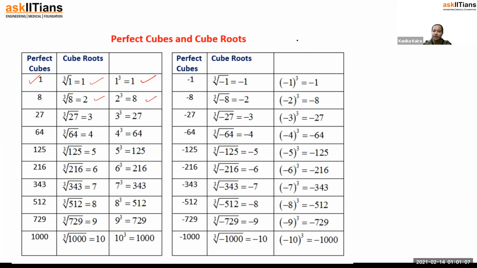And this is the table which represents the cubes and cube roots of the negative integers from negative 1 to negative 10, and this is from positive 1 to positive 10. You have to learn these because it will be easier for you to solve the questions then. It would be better if you learn them.